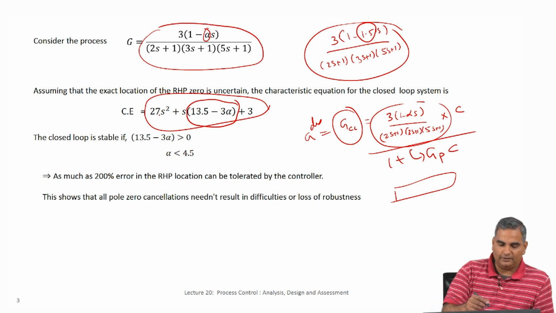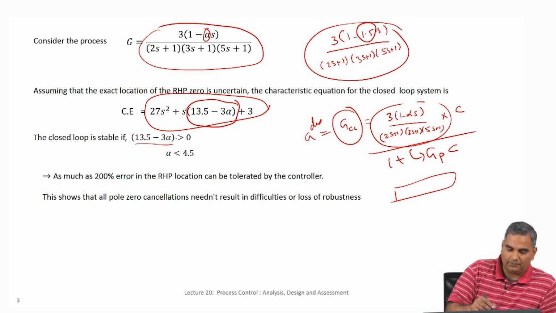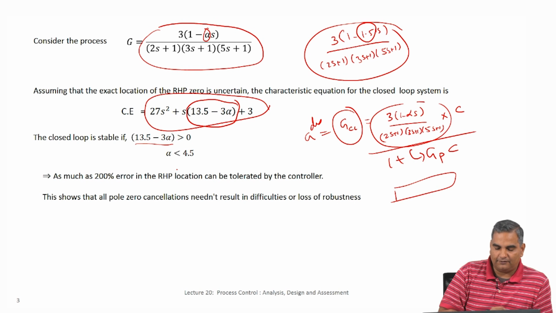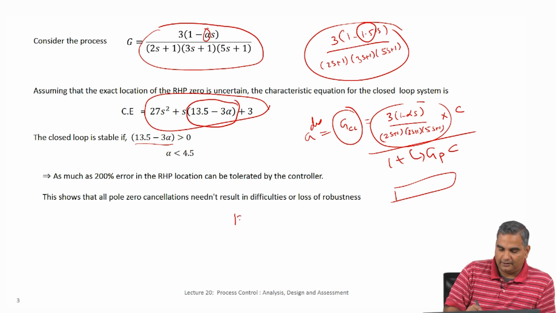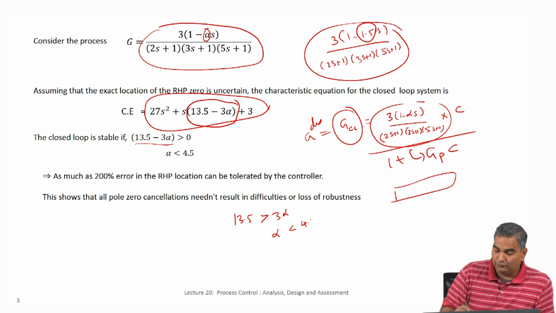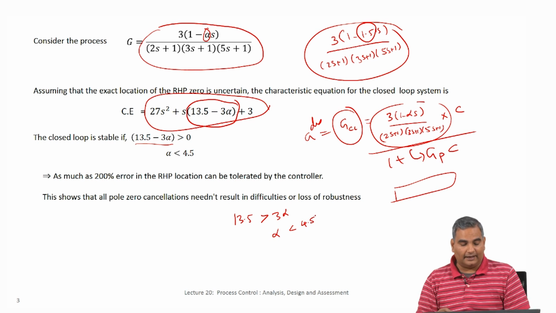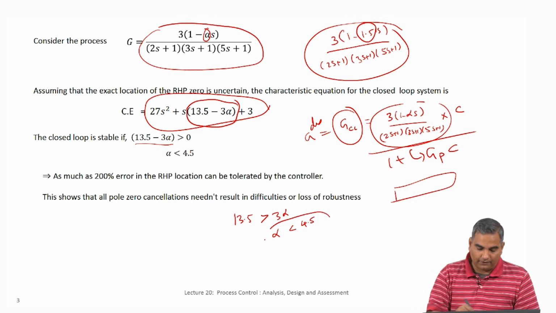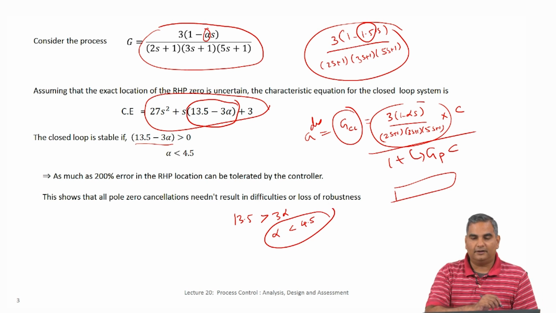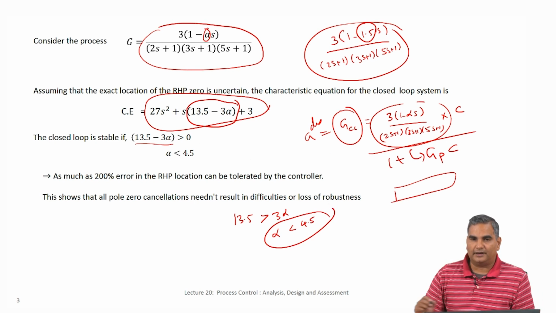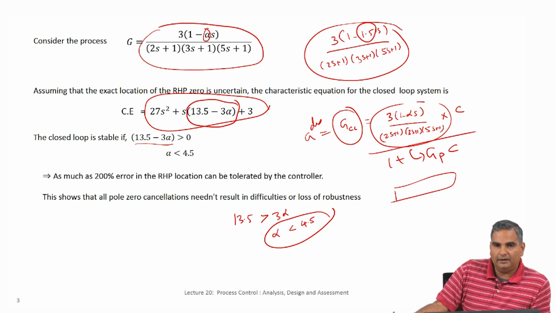Okay. So, for this to be positive, I should have 13.5 minus 3 alpha greater than 0. So, I could take 13.5 is greater than 3 alpha, that makes alpha less than 4.5. So, as long as alpha is less than 4.5, the roots of the denominator polynomial of this closed loop transfer function will all be in the left half plane and the system will be stable.